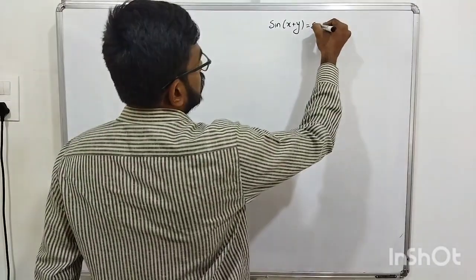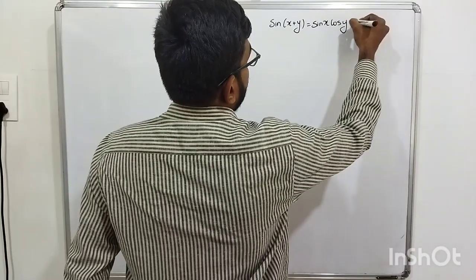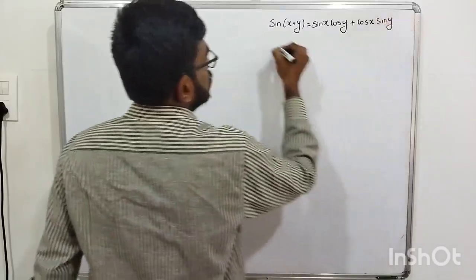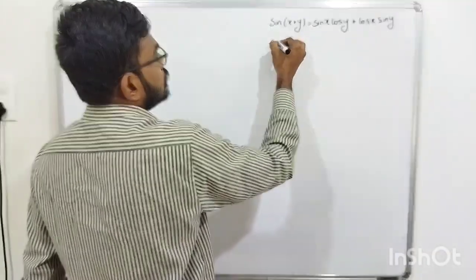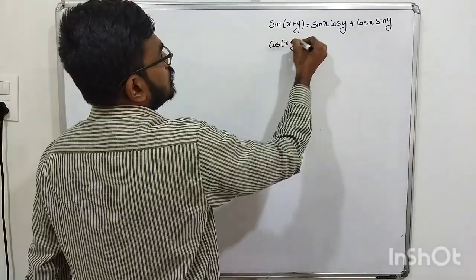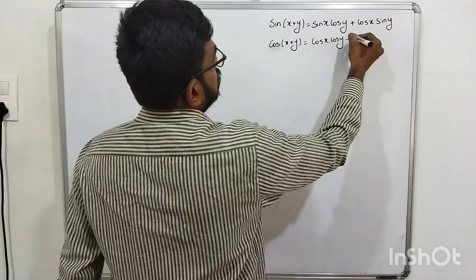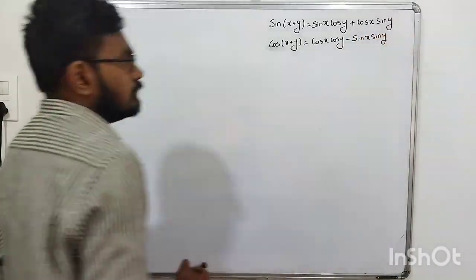This is sin x cos y, it is sum of angle formula, plus cos x sin y, and cos of x plus y is equal to cos x cos y minus sin x sin y. So if you know these formulas, we can now remember these formulas.